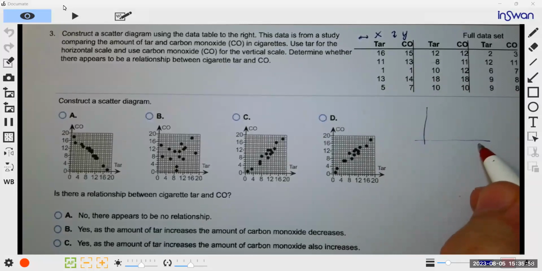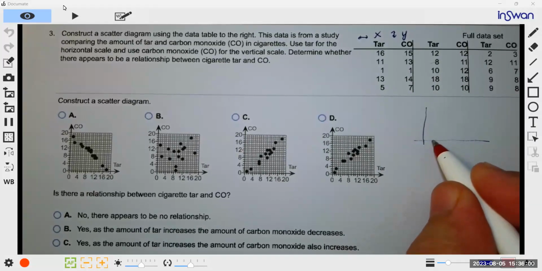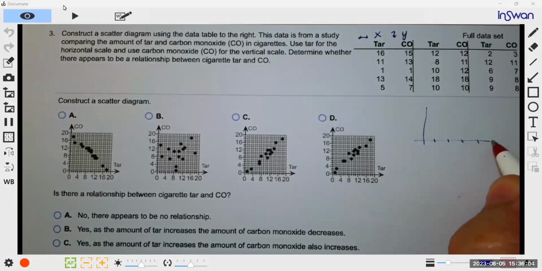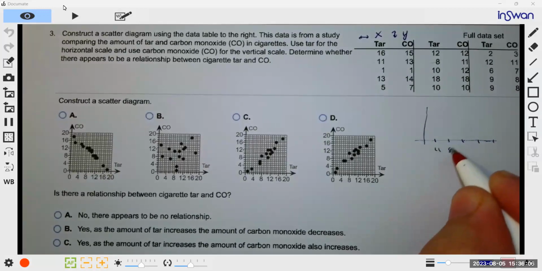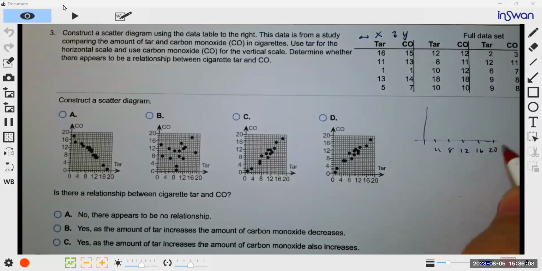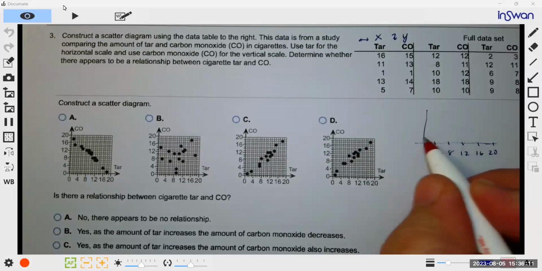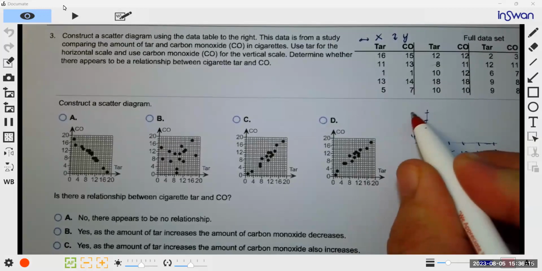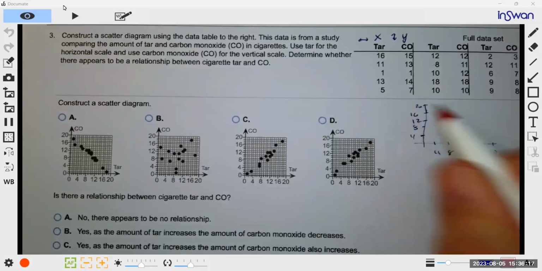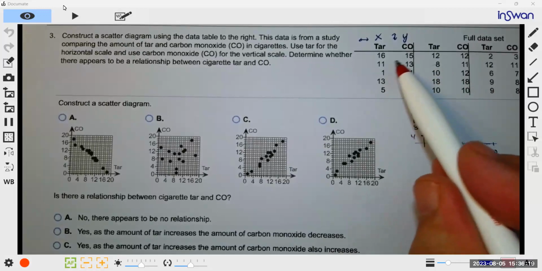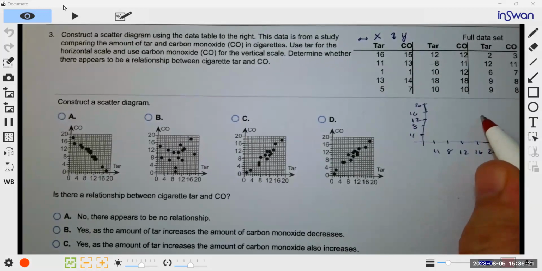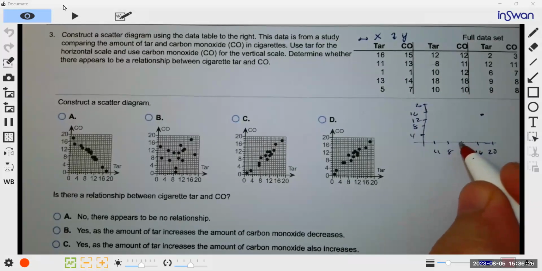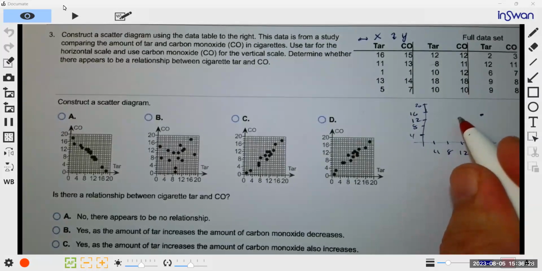So at 16, we have 4, 8, 12, 16, 20. And going up, we get 4, 8, 12, 16, 20. The first one, at 16, there's 15. At 11, right about there, there's 13.